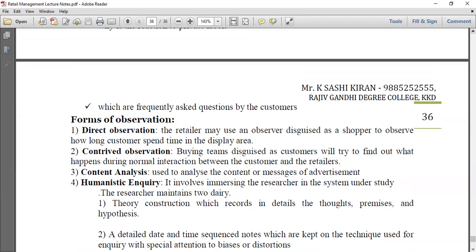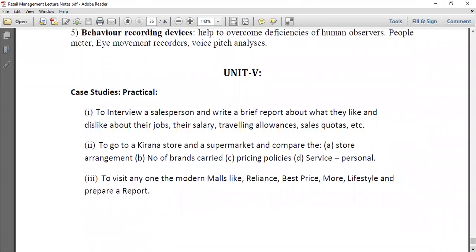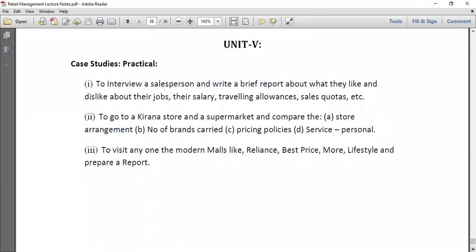Now, in the 5th unit, you have certain activities. This is what you'll have to do in the 5th unit. It's a practical, as I told you. First, try to interview a salesperson. Take any salesperson in any industry, pharma, FMCG, consumer durables, any industry, but identify a particular salesperson.